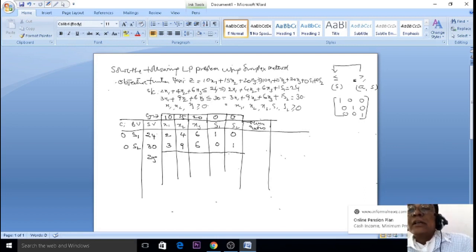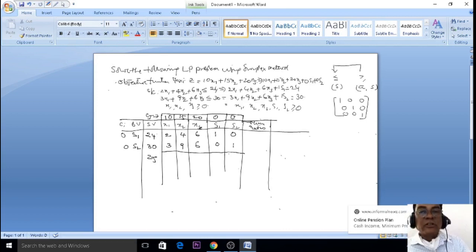Please write 1s1 equal to 24, and next 1s2. Next, in the objective function, the values of slack variables are equal to 0, so always write 0 and 0.